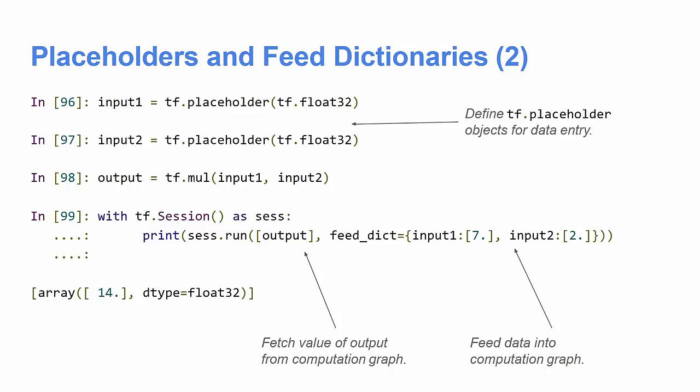Now if we do with tf.Session as sesh and print sesh.run(output, feed_dict={input1: 7, input2: 2}), it will feed the placeholders input1 and input2 with values 7 and 2 and calculate the result of multiplication of input1 and input2, and print the value with the type float32. So 7 times 2 is 14, and the output coming is 14.